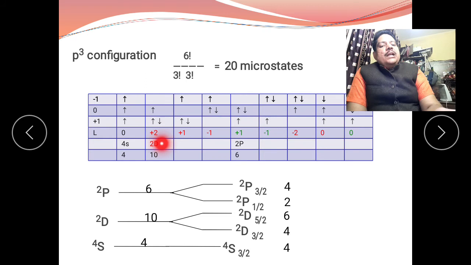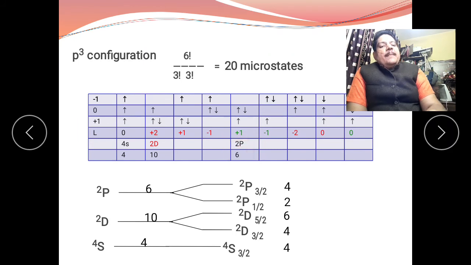It means that the total L value is 2. If the L value is 2, it can be represented by D, and therefore another configuration is possible. You can see here that 2 electrons occupy 0 and 1 electron occupies +1. The total L value is 1. It means that this configuration is P, since 1 is represented by P.